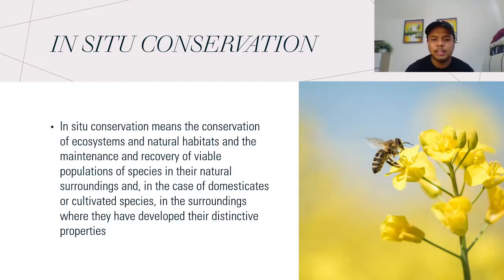The last one is it doesn't require species to adjust to a new habitat. Different methods of in situ conservation include biosphere reserve, national park, wildlife sanctuaries, biodiversity hotspot, gene sanctuary, and sacred groves.